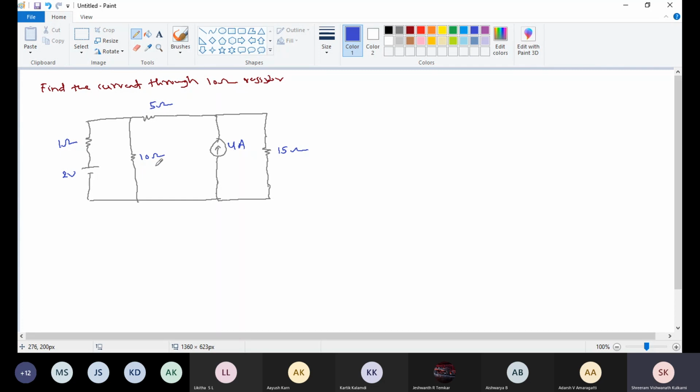Now let's see. To find the current with 10 ohm, I'm going to consider this one as IN. Here I'm going to short this one, and mark here IN.